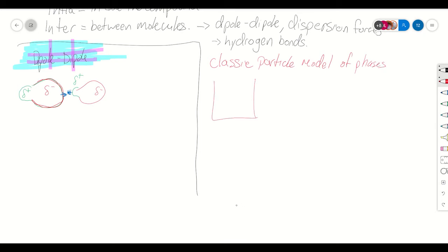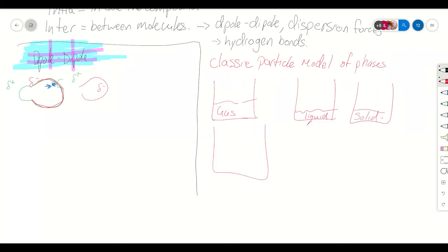You've got your three containers. You've got your gas here, your liquid here, and then your solid over here.